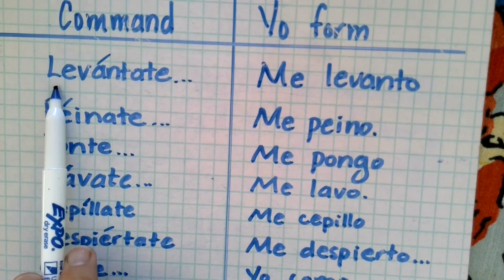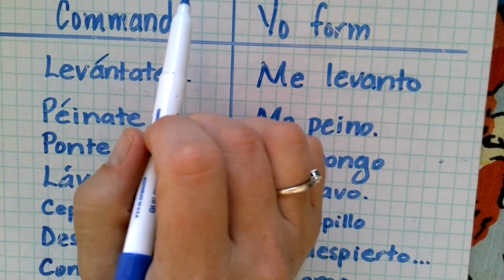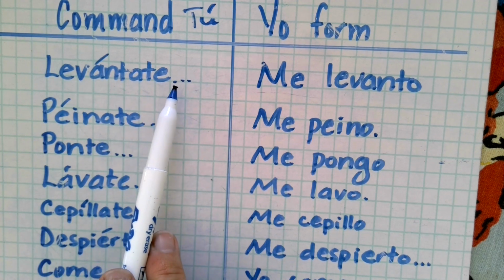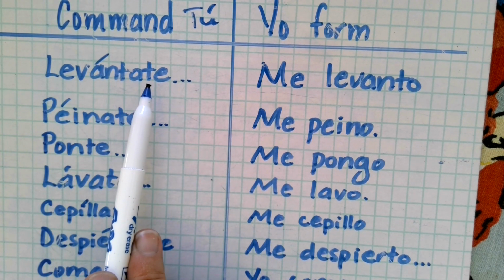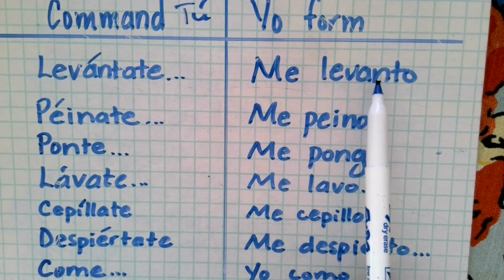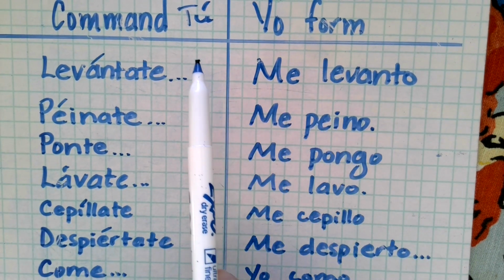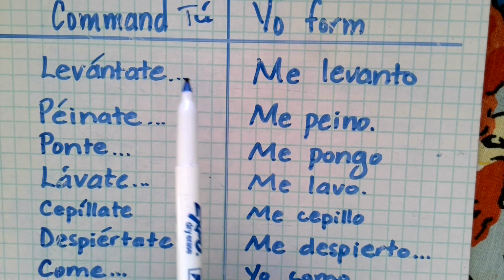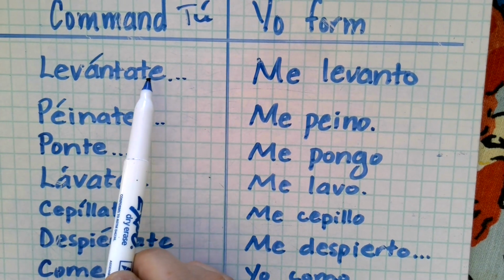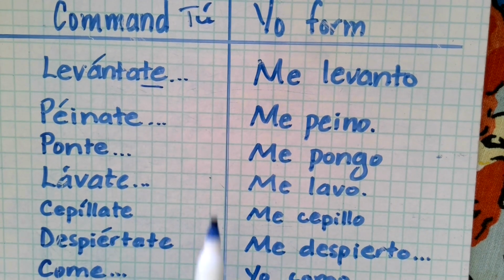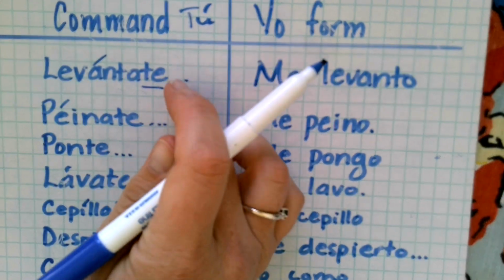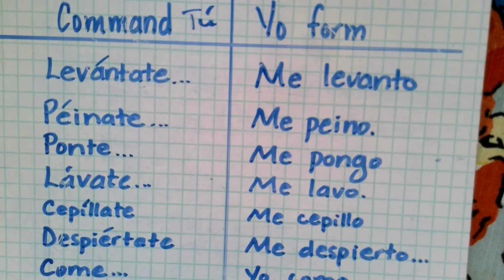In the command form, you are telling someone, tú, to get up, right? Levántate. When you are switching it to a habit, you would say me levanto. Now, most of these personal hygiene verbs are what we call reflexive. So, this little te at the end means that the action is reflecting back on the person doing the action.